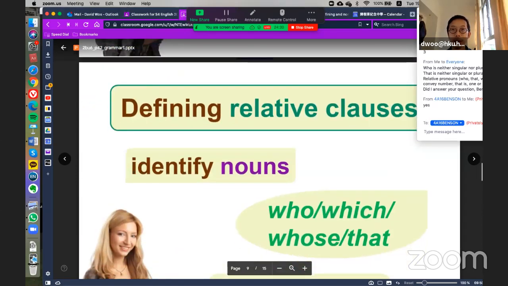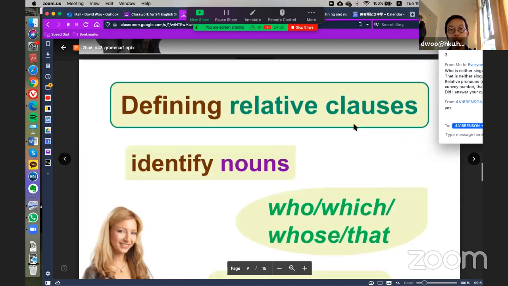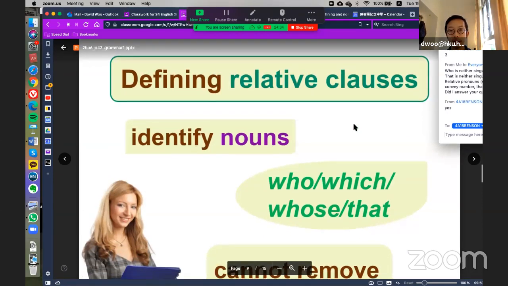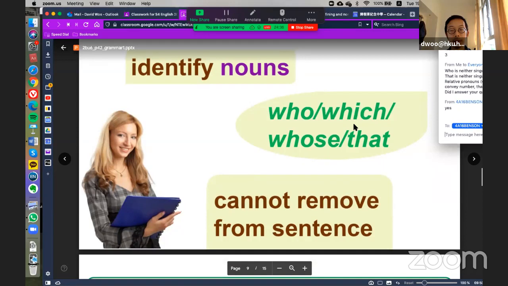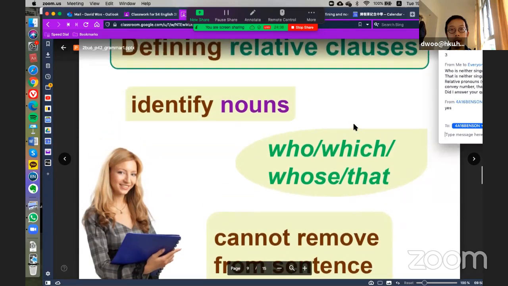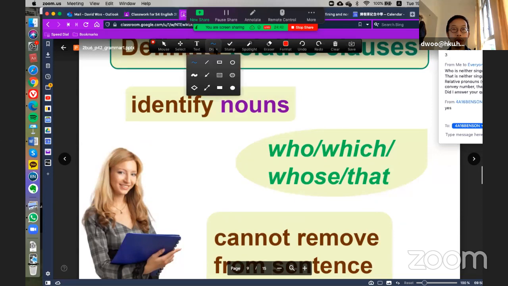Defining relative clauses, you can use all of the relative pronouns that we learned. All of them.